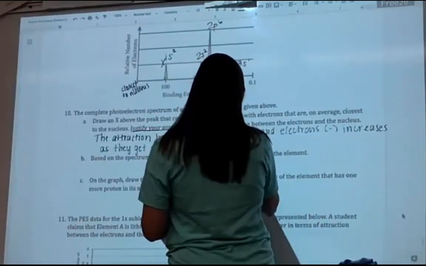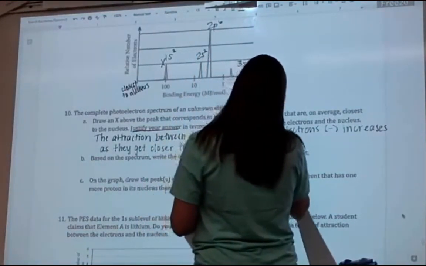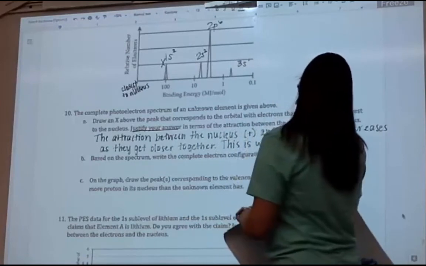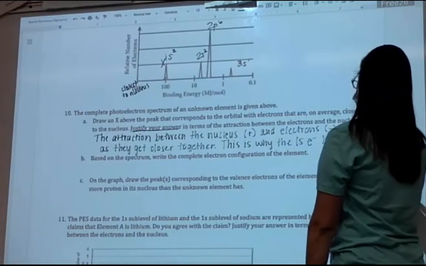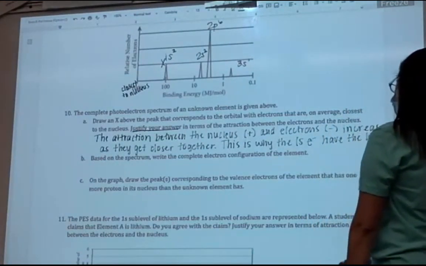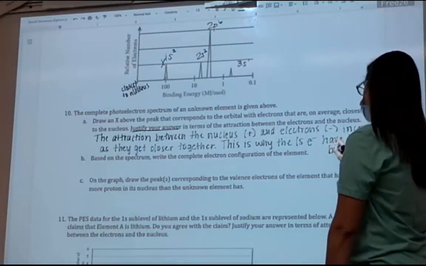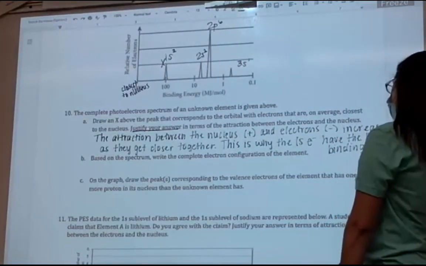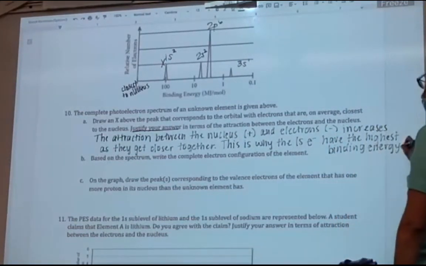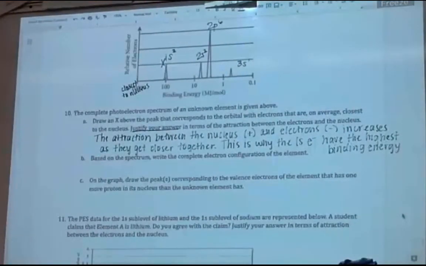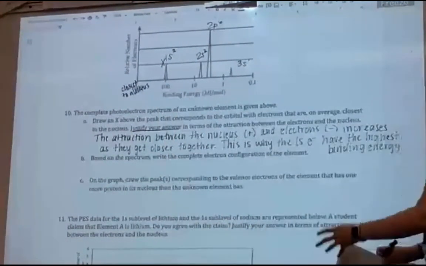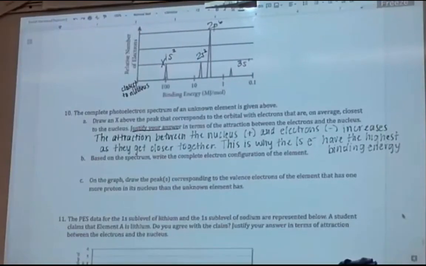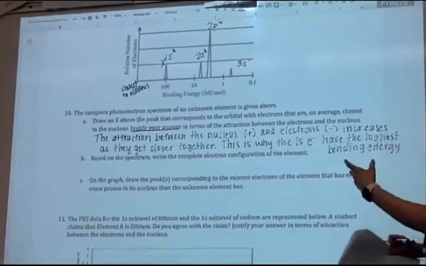So I can say this is why the 1s electrons have the highest binding energy. Highest binding energy means they have the highest energy required to remove the electron. So when we're talking about highest energy here, we're talking about the amount of energy that's required to remove that electron. So notice again, we're talking about that nuclear charge.